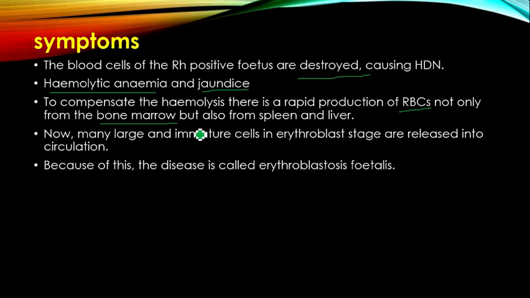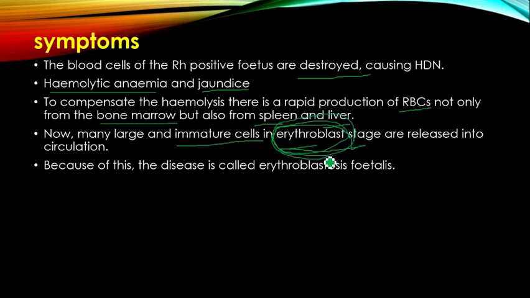Then apart from the bone marrow, the spleen and liver of the fetus also produce RBC. Here a lot of RBC are released into the blood before maturity. Immature RBC cells are also released into the blood. That immature stage of RBC is called erythroblast.